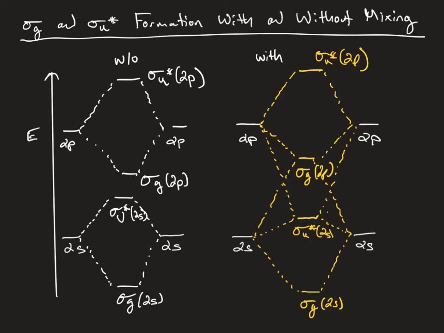For your homonuclear diatomics, where you're going to see this break on the second row of the periodic table is at the nitrogen-oxygen divide. Up to nitrogen, you're going to see mixing, and then once you get past nitrogen with oxygen and fluorine, mixing is turned off because those 2s orbitals just go way too low in energy to effectively mix in to raise the energy of that sigma g from the 2p combinations.